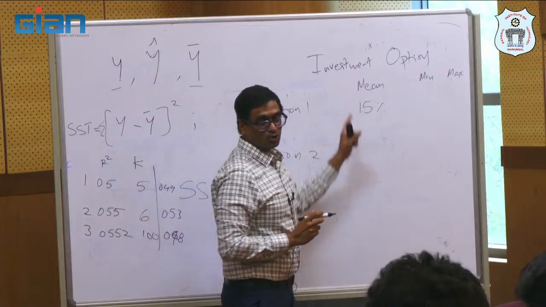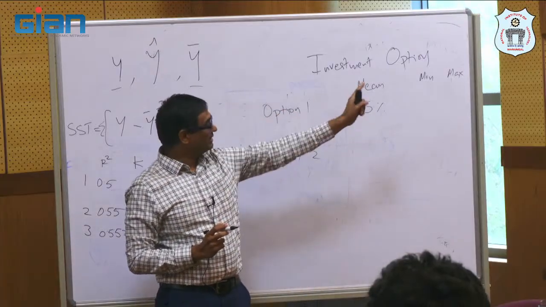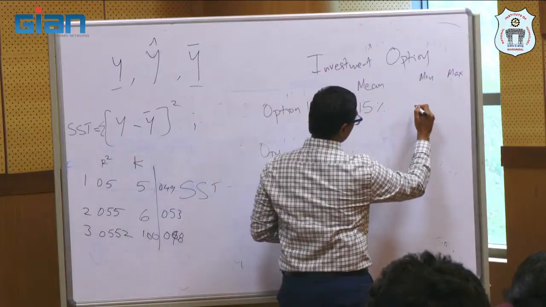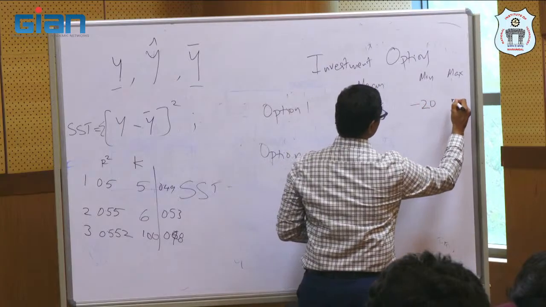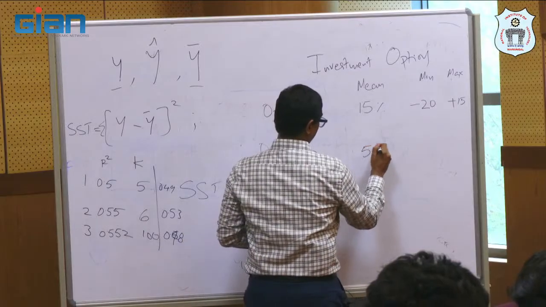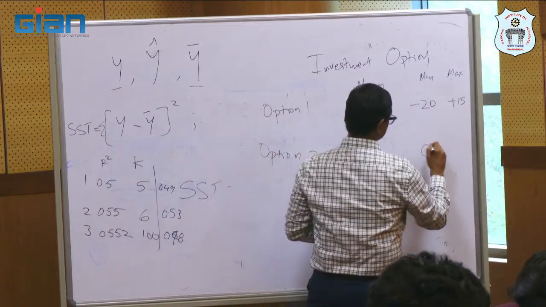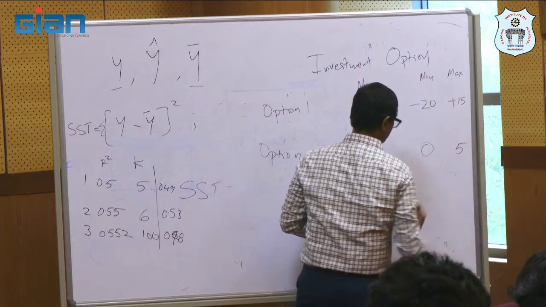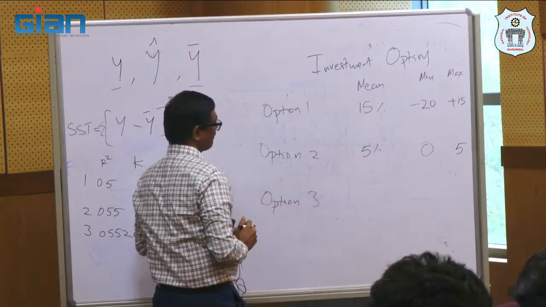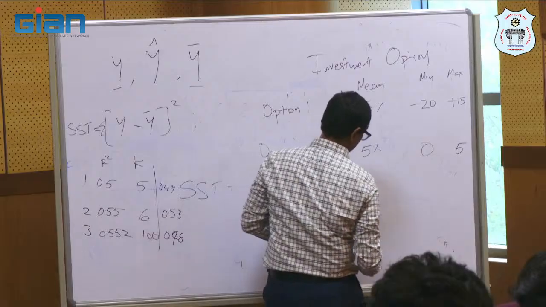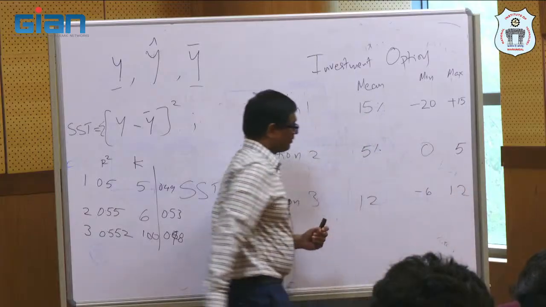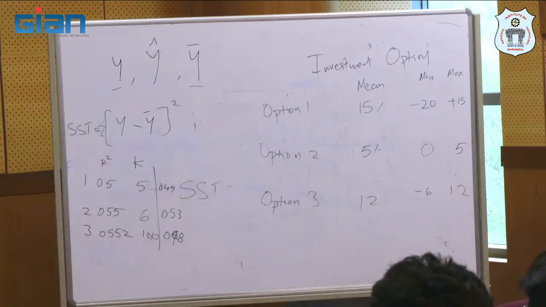So this is the mean growth per year, and these are the minimum and maximum. That means in some years the minimum it could go to... these are your factors.